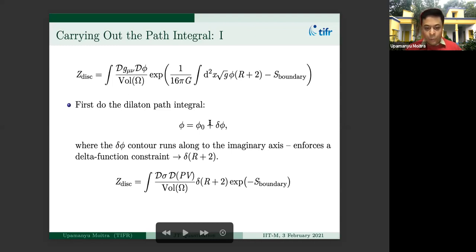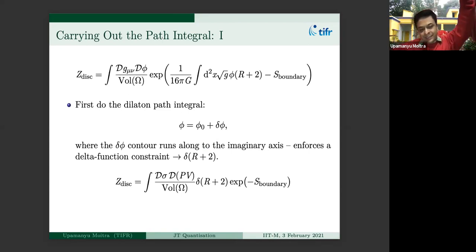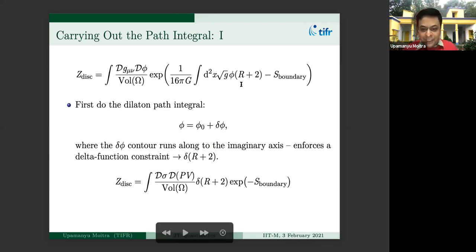But this delta phi contour runs along the imaginary axis. And with delta phi running along the imaginary axis, you will see immediately that it imposes a delta function constraint, which simply gives some functional delta function of R plus 2. So at first we have simply gotten rid of the dilaton.